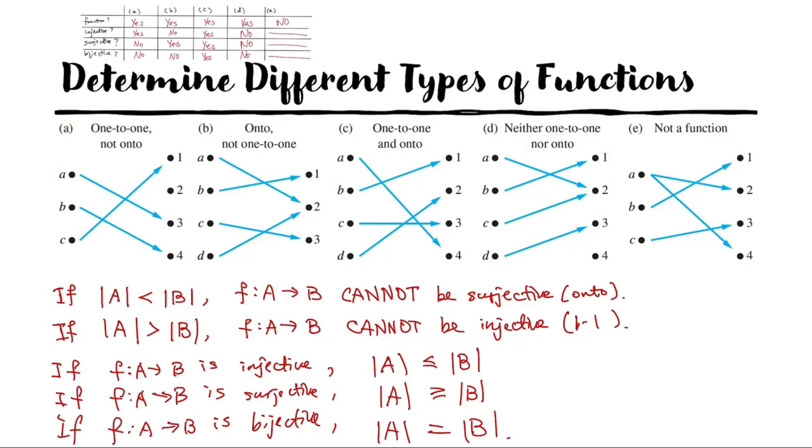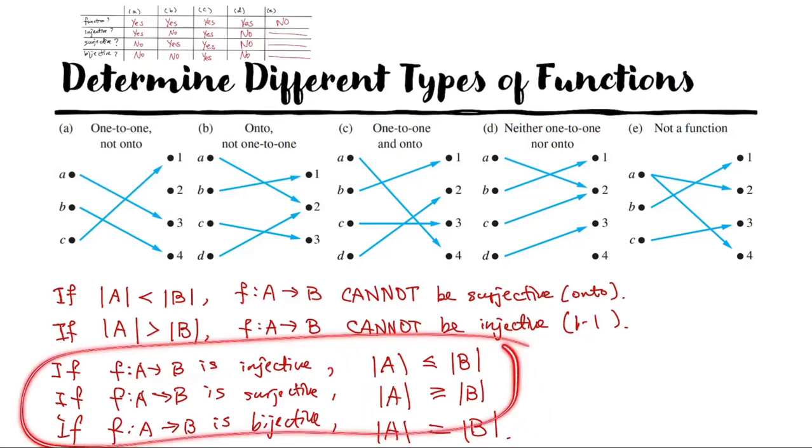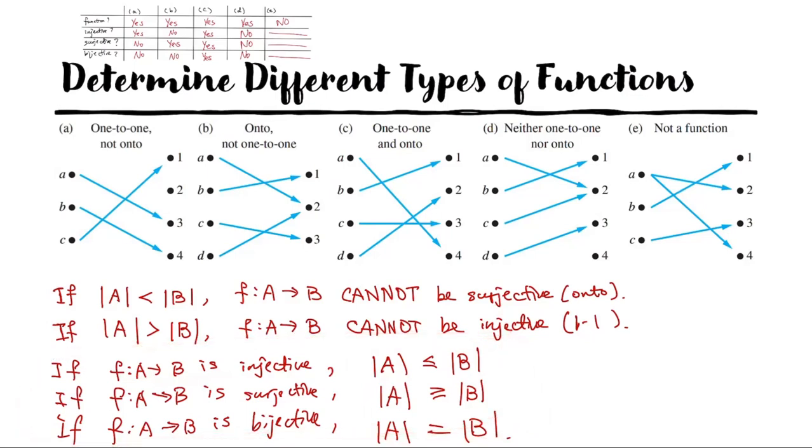But you cannot guarantee that it's injective, surjective, or bijective. But if you know your function is injective, surjective, or bijective, then you know the relation between the input and output sets. So be aware of the ordering, because we know P implies Q is not the same as Q implies P. You can mess up the order.